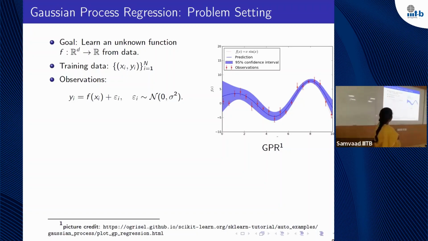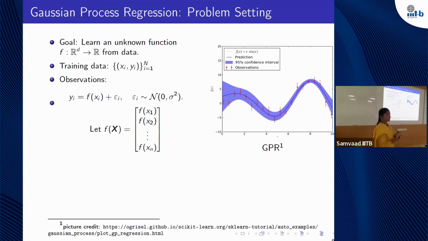So instead of modeling f in a parametric form, I model its distribution. If a new x star is given to me, I'll tell what distribution f of x star belongs to. I'm going to find the distribution of f of x star. So that is what we do in Gaussian process regression.